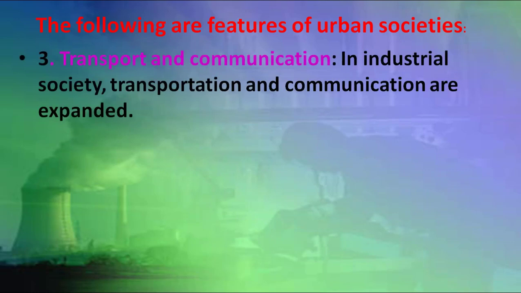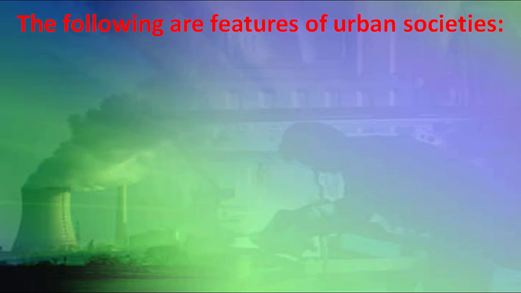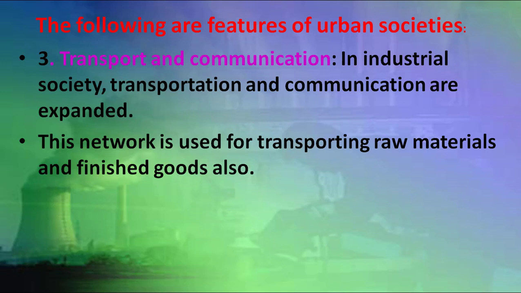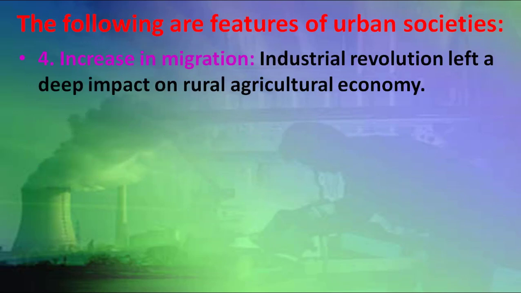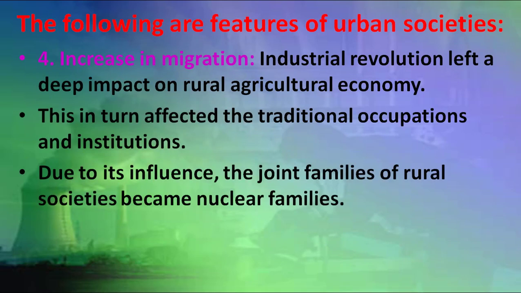The third one, transport and communication. In industrial society, transportation and communication are expanded. This network is used for transporting raw materials and finished goods also. With the increase in migration, the Industrial Revolution left a deep impact on the rural agricultural economy.